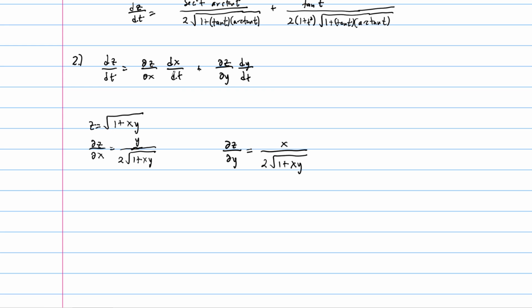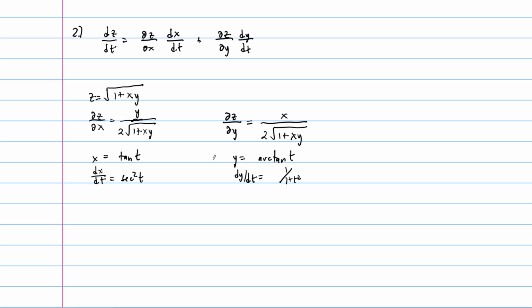Now we also need to compute dx/dt and dy/dt. We've already done this, but remember, if our x is tangent t, then dx/dt is secant squared t. And if our y is arctangent t, then dy/dt is equal to 1 over 1 plus t squared.